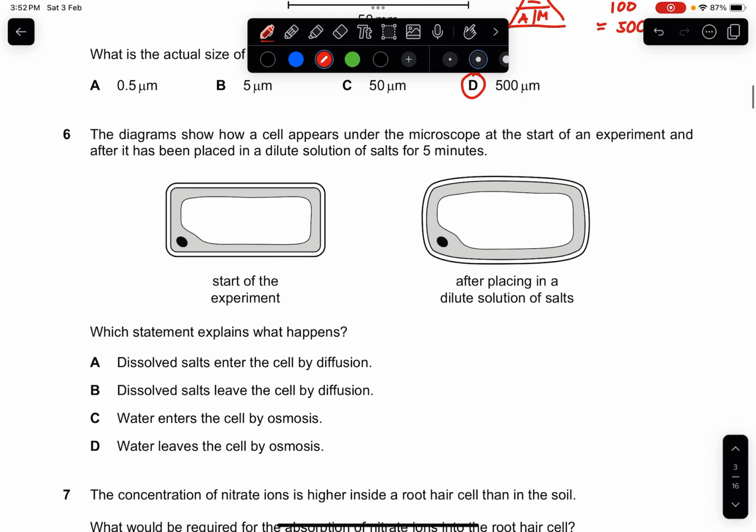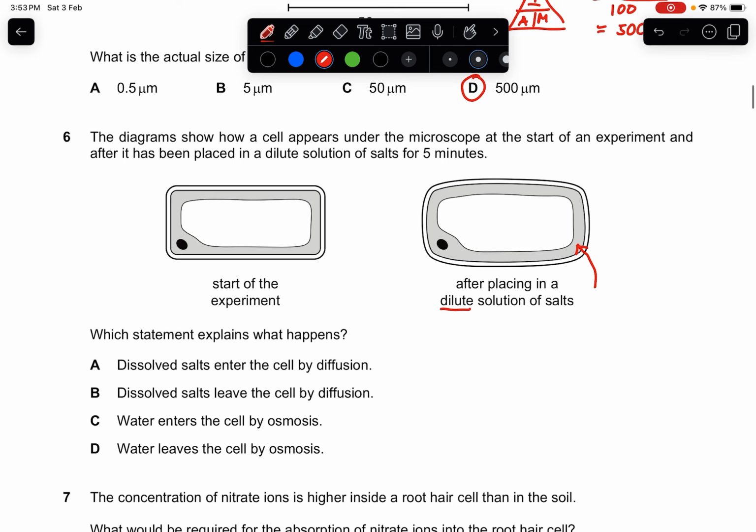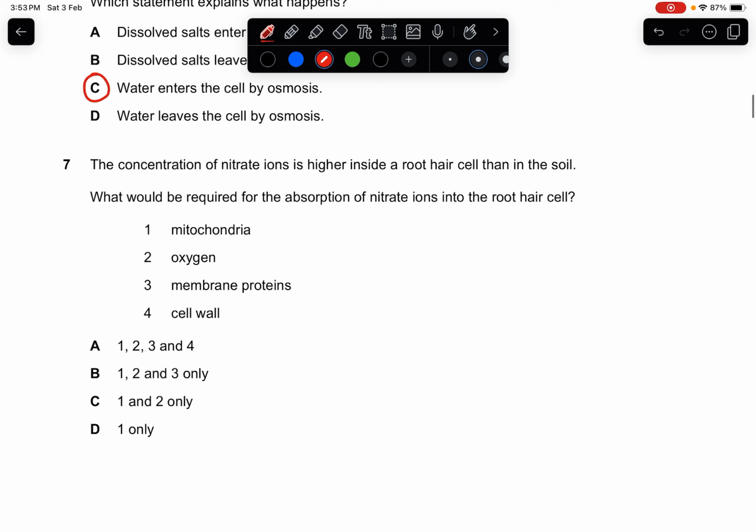But after it's placed in a dilute solution of salt, what happens is that water enters. Okay? From a higher concentration to a lower concentration because it's a dilute solution. Therefore, the water enters the cell by osmosis. How you know is also because of the cell itself. It has become more turgid. That's the answer, C.